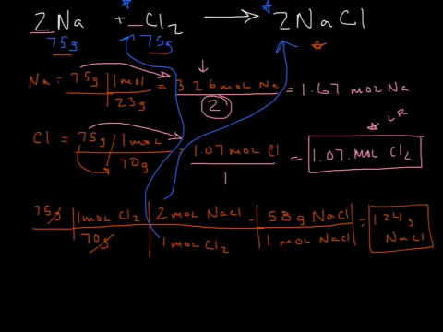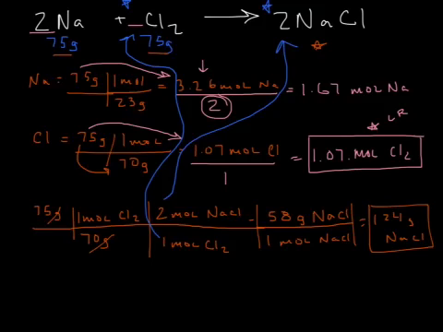How are we going to determine excess reactant? We are going to convert 75 grams of chlorine, our limiting reactant, to grams of excess reactant, and we're going to subtract that from the grams of excess reactant we started with. Alright, so here's what we do.